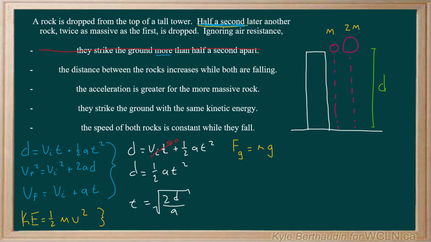We see that both rocks, no matter what mass they are, will have the same acceleration on them. That is the acceleration g due to gravity. And the force on the objects changes with their mass, but the actual acceleration is not greater for the more massive rock. It is the same. So that statement is false.